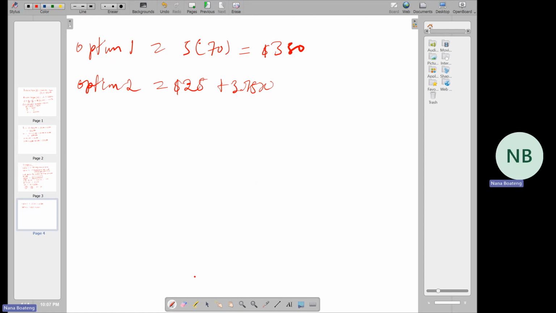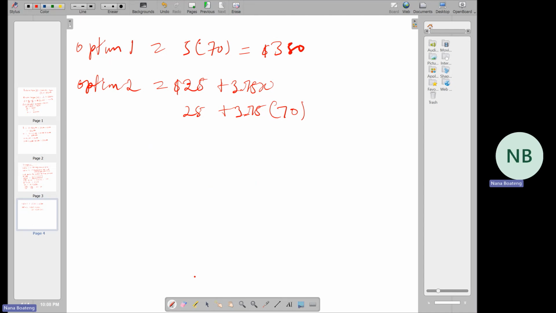So if we multiply 3.75 by x, and we add that to 25, we should get 350, just like the first one.